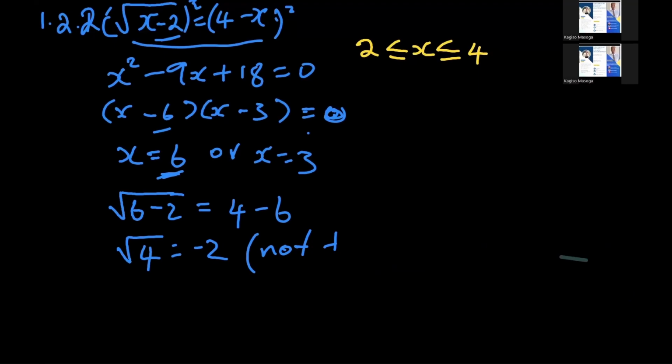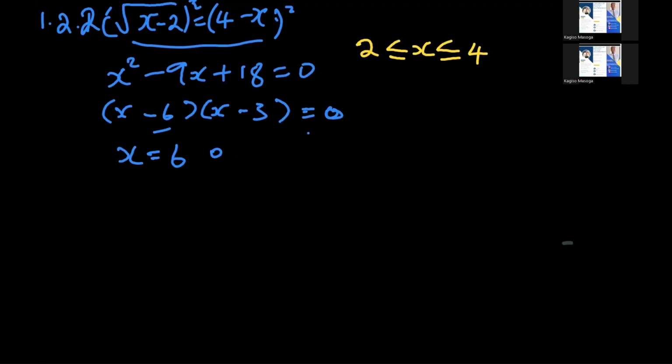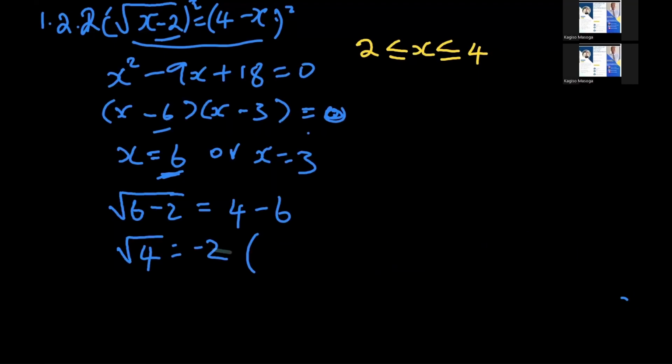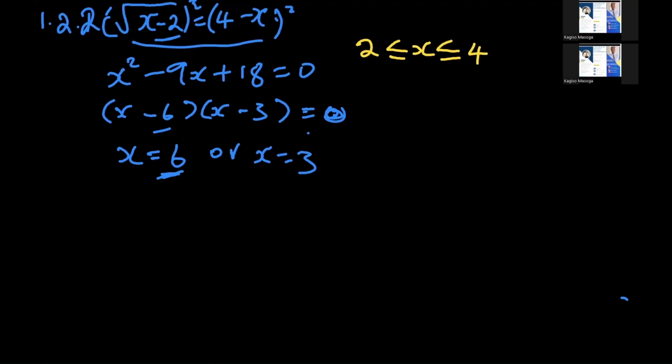Let's do this one now, whereby x equals 3. So we have the square root of 3 minus 2 equals 4 minus 3. The answer is the square root of 1, because 3 minus 2 is 1, which equals 1.